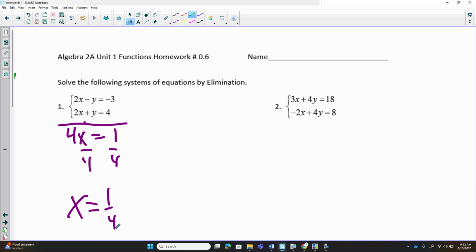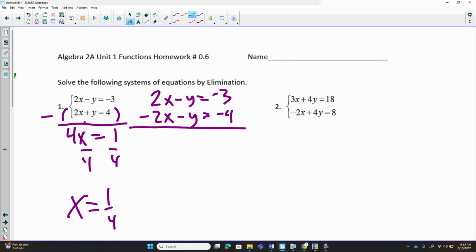Now, I'm going to redo this one, Addison, but you see this one's already positive and that one is positive on the x. So I'm going to leave the top one the way it is. Then on the bottom, I'm going to multiply the bottom one by a -1 to all of those. So that makes that a -2x. That will make that a -y, and that will make that a -4. Okay?